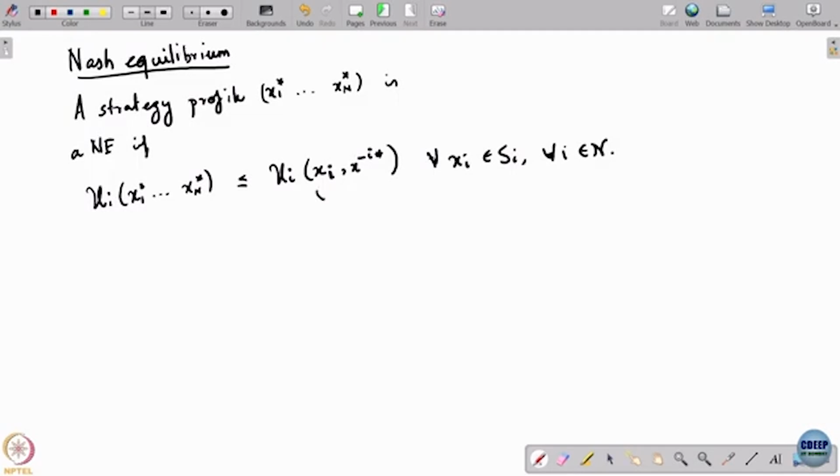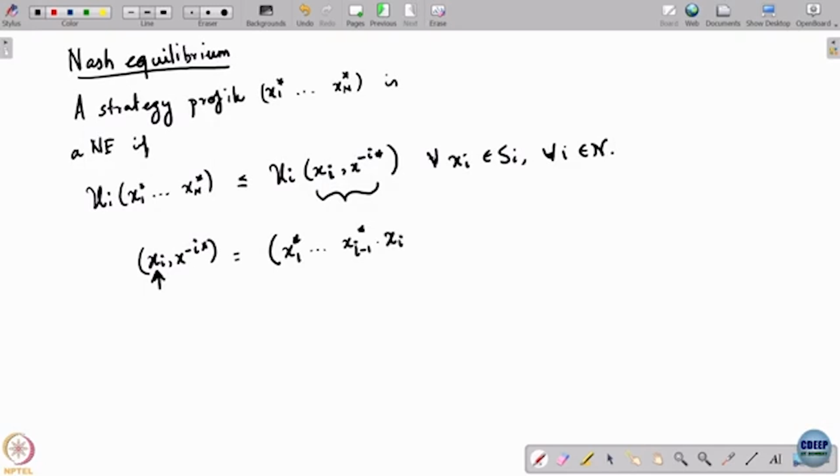Now, what does this notation here mean? This notation here stands for xi, x minus i star. This notation essentially stands for the following vector. So, x minus i star is the part of the strategy profile in which I have taken all the other players except for player i. So I have x1 star, x2 star, dot dot dot, x i minus 1 star, and now in place of the starred one for player i, I am going to insert this xi here.